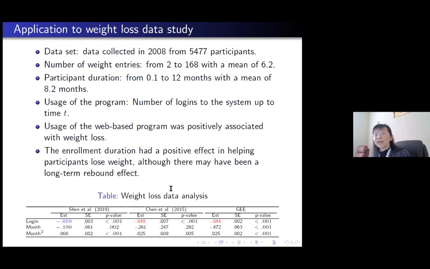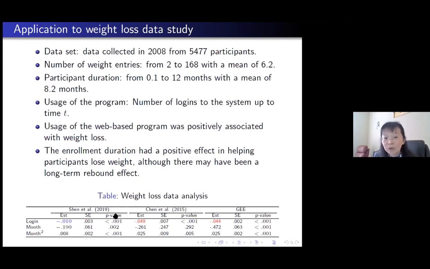We have applied the proposed method to the self-reported weight data. The number of weight entries ranged from 2 to 168 within 1 year.